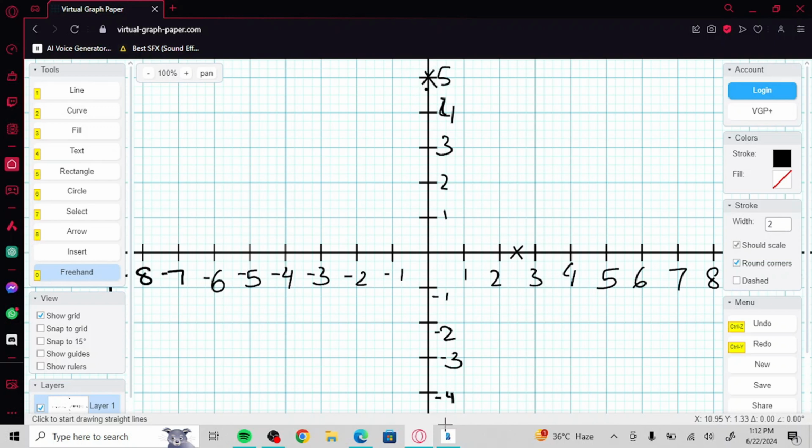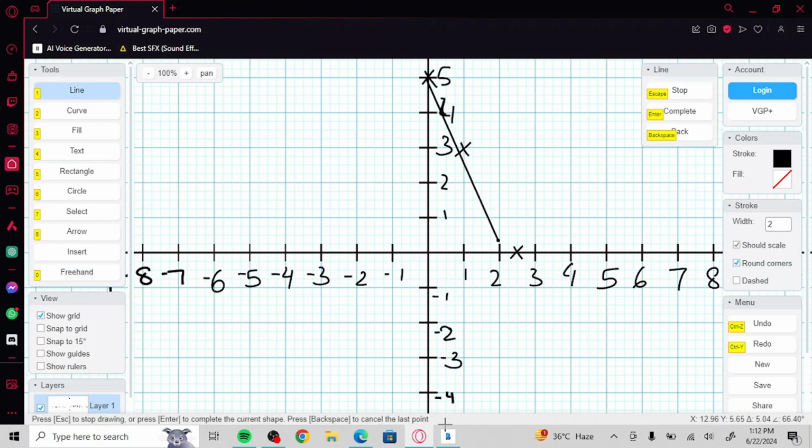Just to give us a path, 2 rise, 1 run. We are using the gradient, by the way. 2 rise, 1 run. And that is going to help us with our graph. So make a line, connect these.